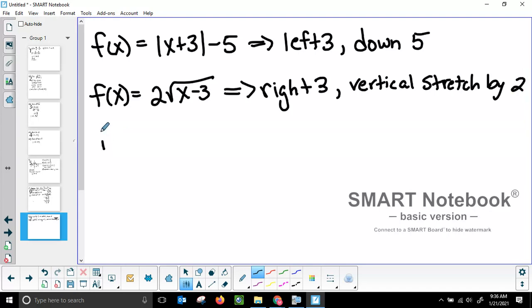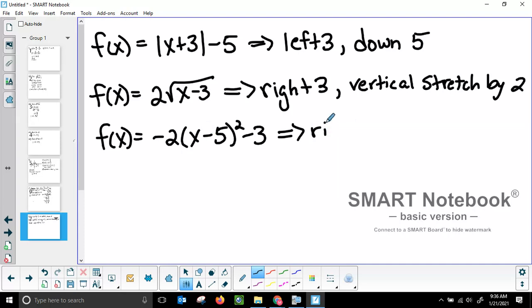C, we have f of x is equal to negative 2 times the quantity x minus 5 squared, all minus 3. Remember, technically, the order in which you apply transformations is the order in which you would do things according to order of operations. So first we would do things inside the parentheses. This is going to go to the right 5. Then we would multiply by negative 2.